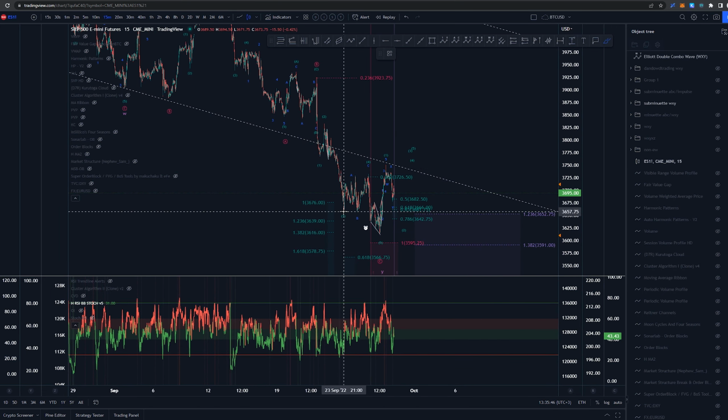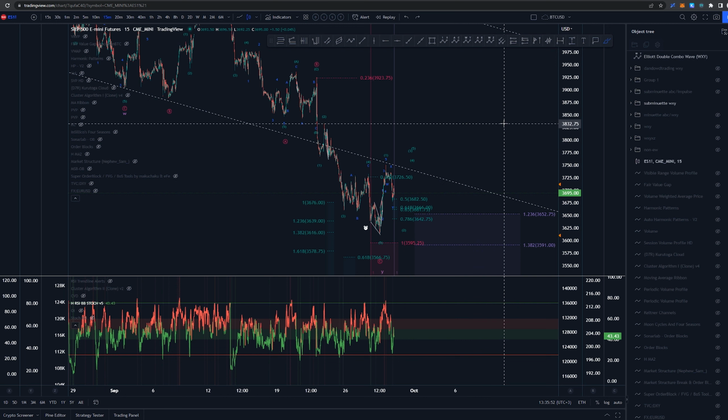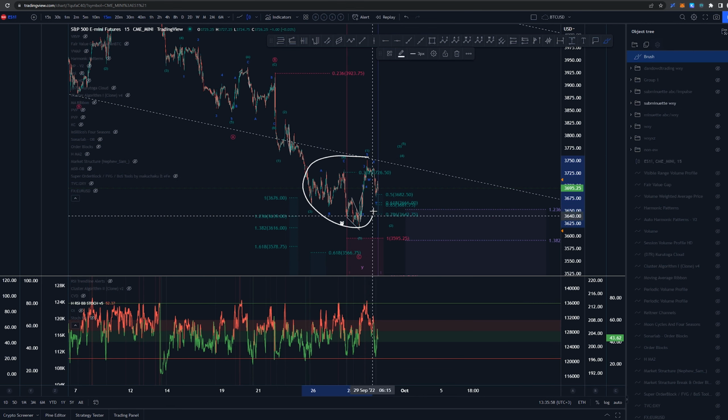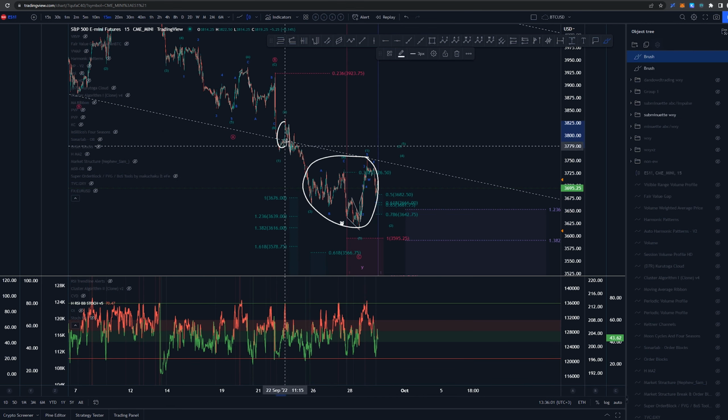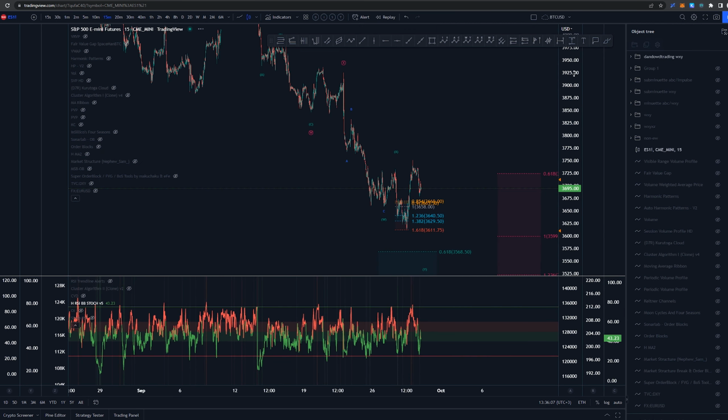Because if we are looking at this structure over here and saying that we have an A wave here, B wave, this would be, and then C wave here, it doesn't really fit into the idea too well, because that wave 4 would be this size, and comparing it to this wave 2 here, it's kind of a stretch for me.